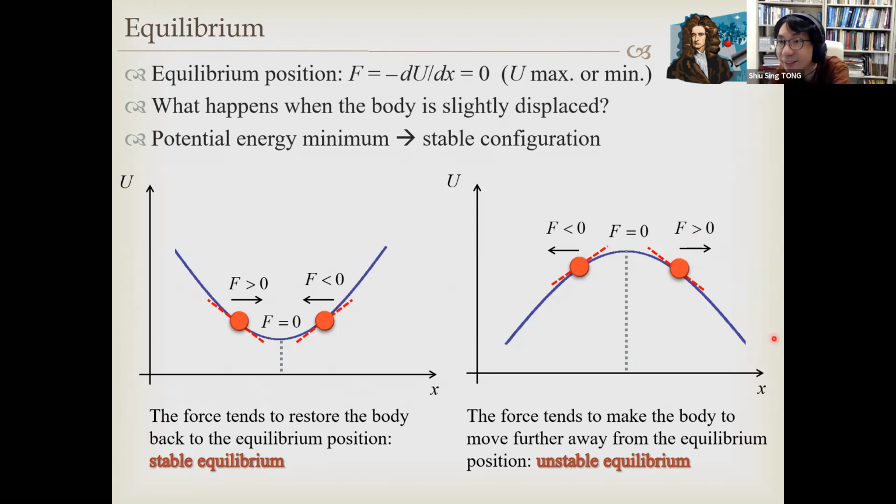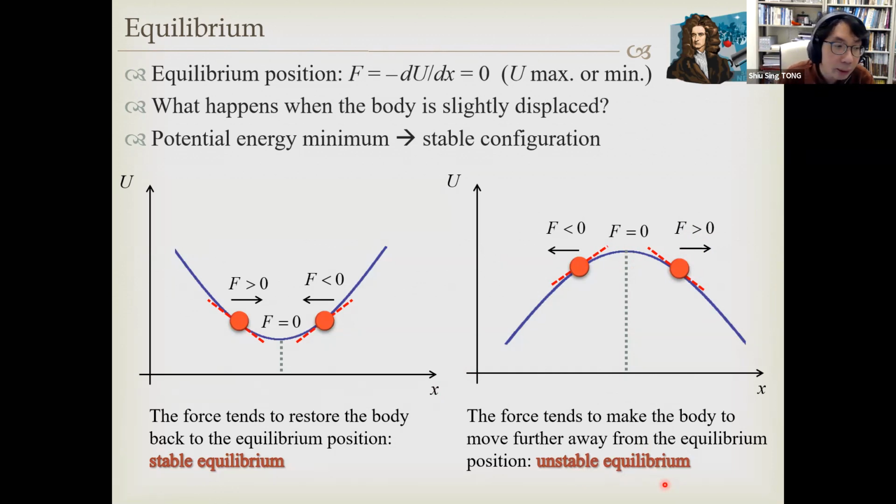It will roll down the slope of the curve, right? So it goes away from the equilibrium position. Again, if I displace the object slightly to the right or to the left, the object will roll down the potential energy curve. It will move away from the potential energy maximum. So that means it is an unstable equilibrium.